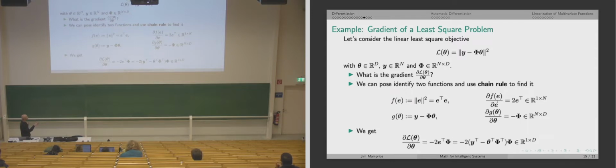So it's the pseudo-inverse of phi, and we multiply it by y. So what we are doing when we do this is orthogonally projecting y onto the column space of phi.